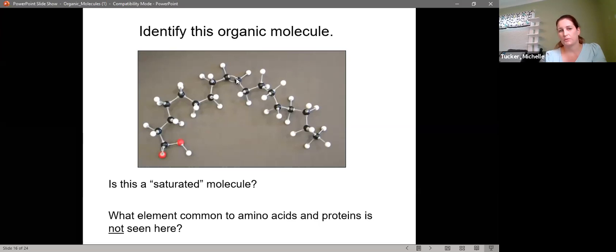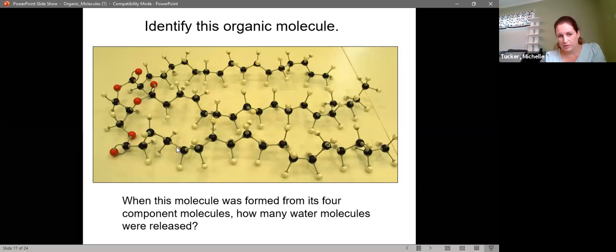So this, having a carbon-to-carbon double bond, means that it's unsaturated, as compared to this first one, where every single carbon has 2 hydrogens. So it doesn't share any electrons between carbons. So that's saturated.